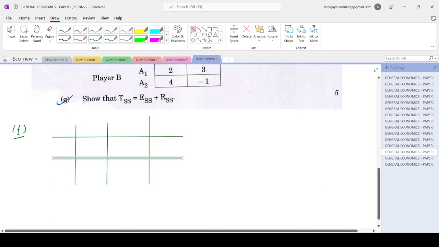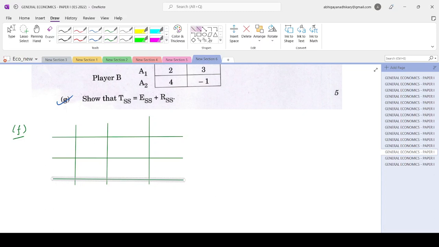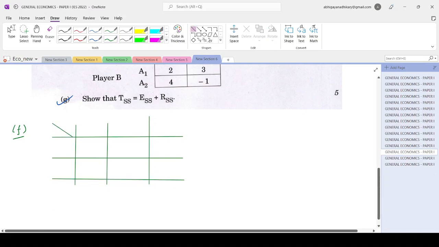Player 1, player 2, either play 1 or play 2. So these are the two strategies: 2, 3, 4, minus 1.